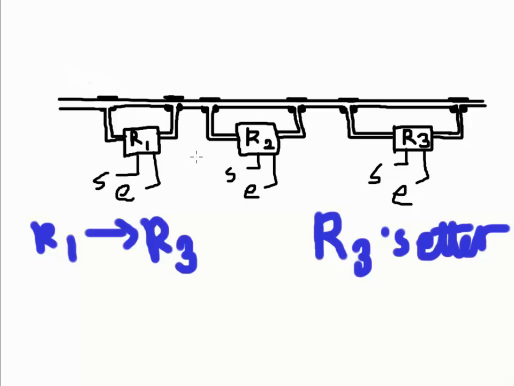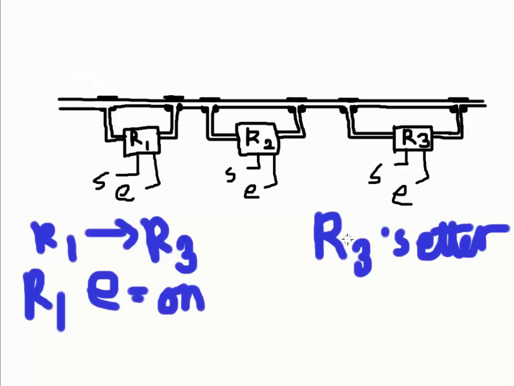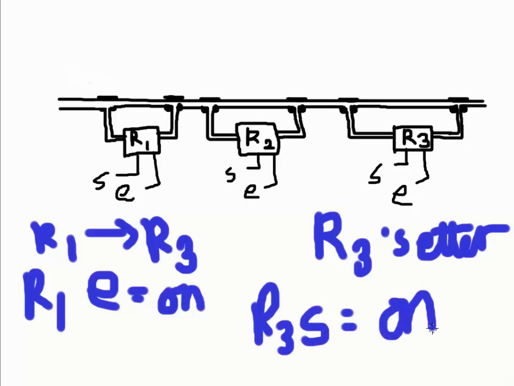While R1's E is on, we just make R3's setter on for a while, and then R3 will remember whatever data R1 is passing on by enabling its enabler.